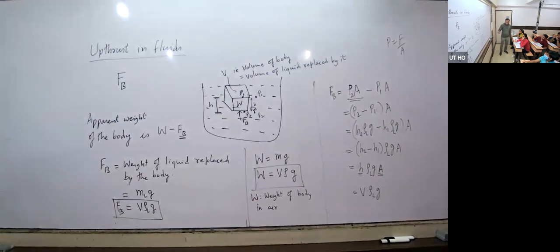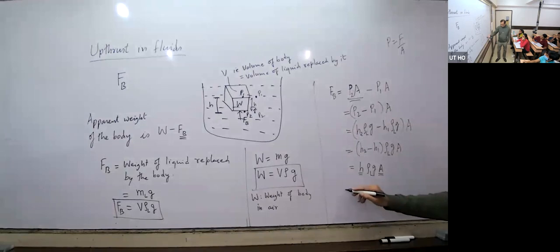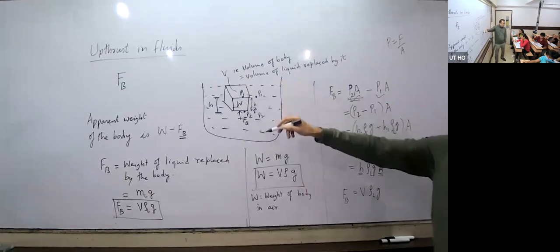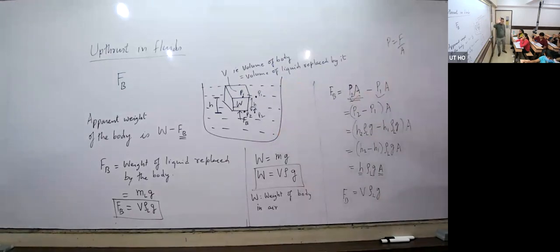So we just discussed what is the cause of upthrust. It is the difference in pressure at top layer and bottom layer of the body. That is the cause of upthrust. Is this funda clear?